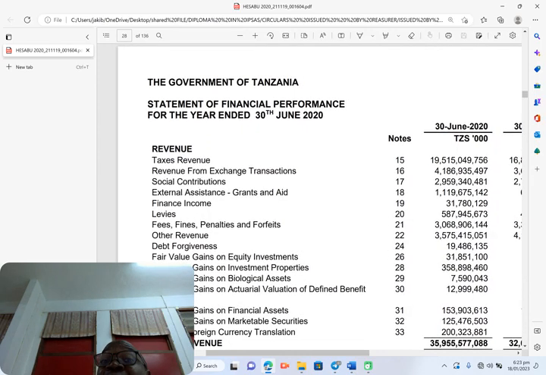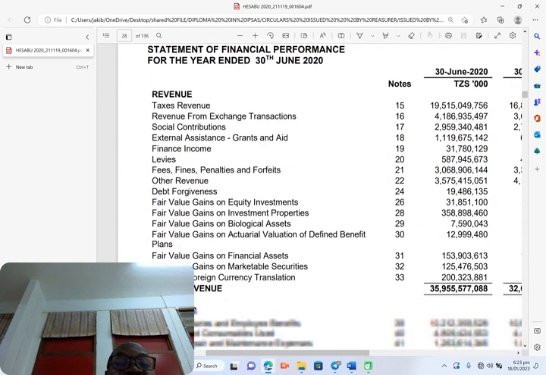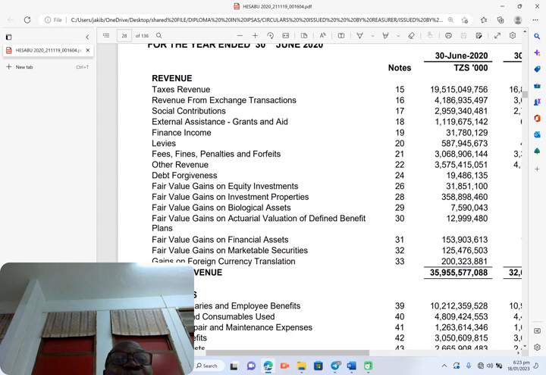This is the statement of financial performance. So the first component is what? Tax revenue. The other one? You must read financial statements. Do you see? You are not reading.